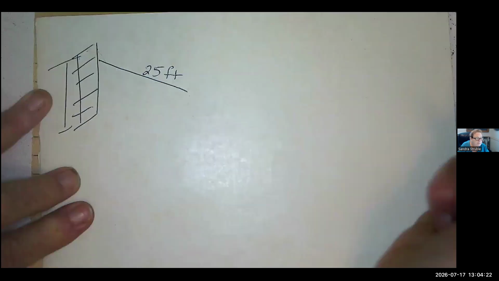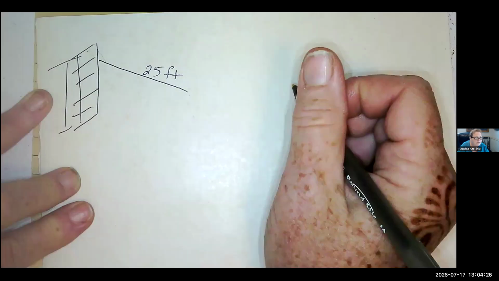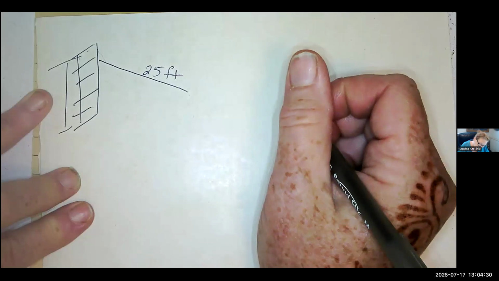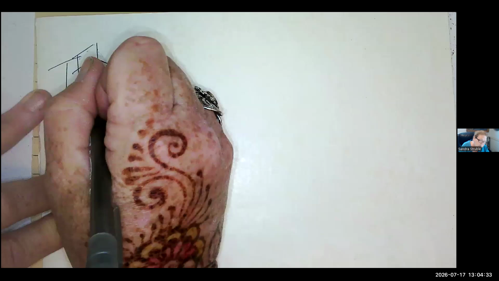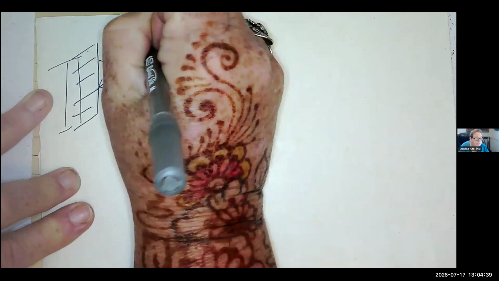On the wall. So that its height on the wall, we're looking for this here. This is 3 feet more than triple the distance from the base to the wall.